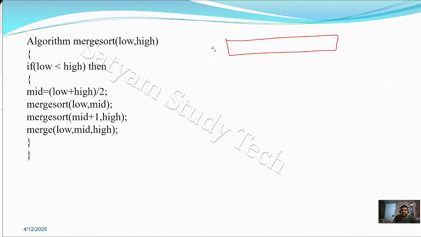For example, this is an array consisting of more than one element: 2, 8, 6, 4, 3, 1, 7. The array index starts with 0, 1, 2, 3, 4, 5, 6. So 0 to 6, that's 7 elements in that array.